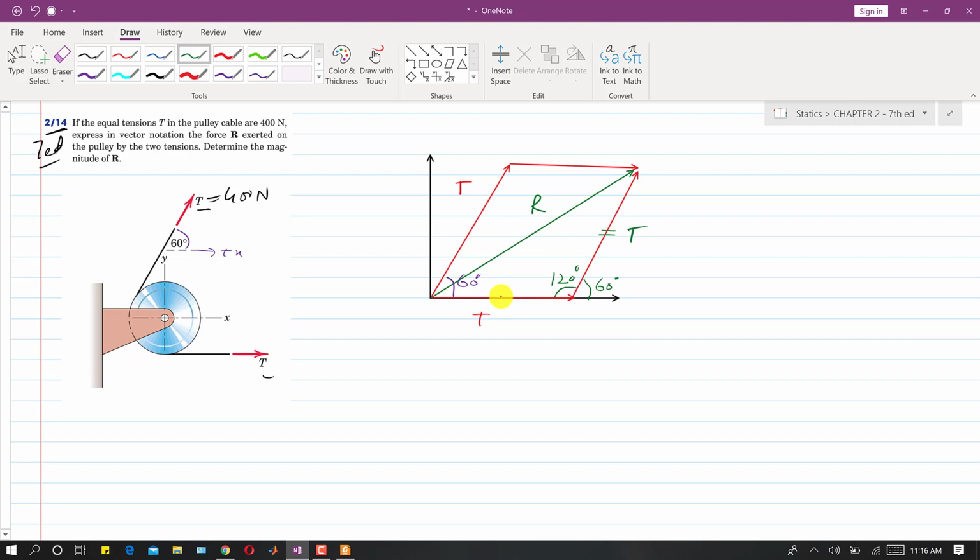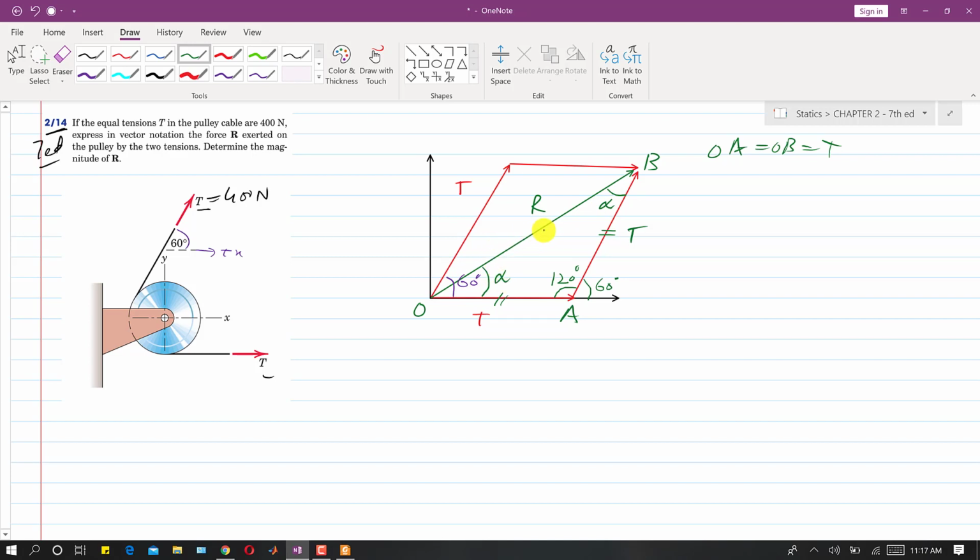Now if this length and this length of this triangle are equal, let's suppose I write that OAB, so OA length is equal to OB length, right? So when these lengths are equal, the opposite angles are also equal. Let's suppose this is alpha, so then this angle is also alpha.